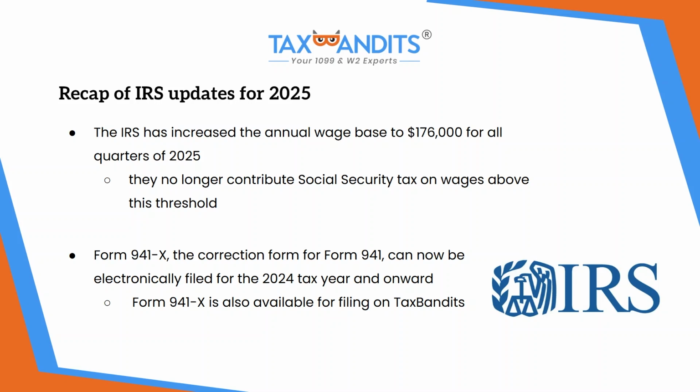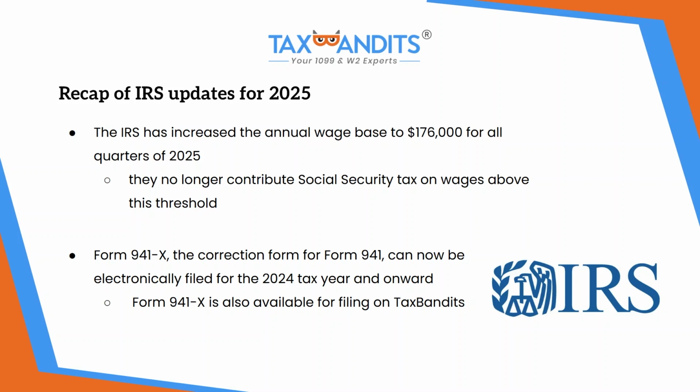If you already know what Form 941 is, you may also be familiar with Form 941X. Just in case, Form 941X is the correction form for Form 941. Use it if you've reported your tax amounts incorrectly or missed any tax credits on your original 941 filing.